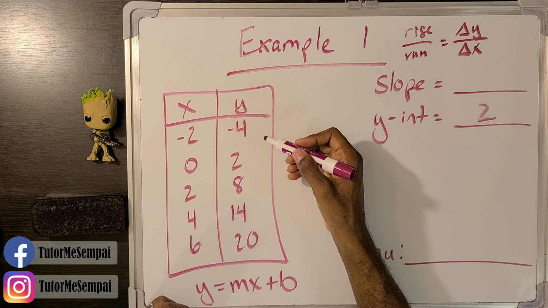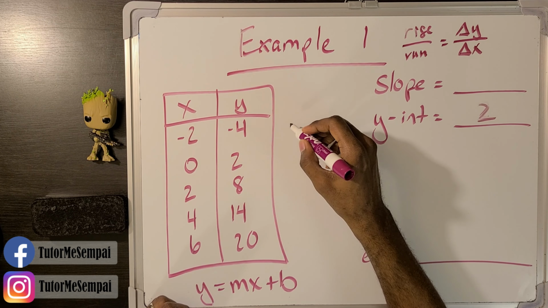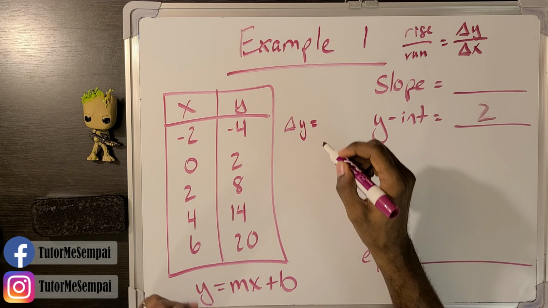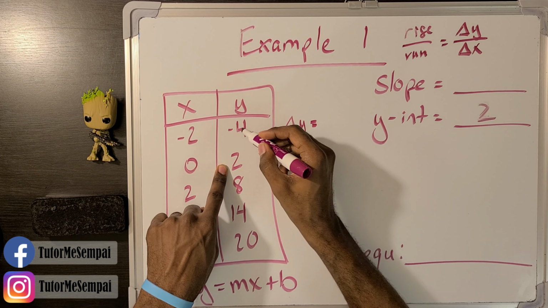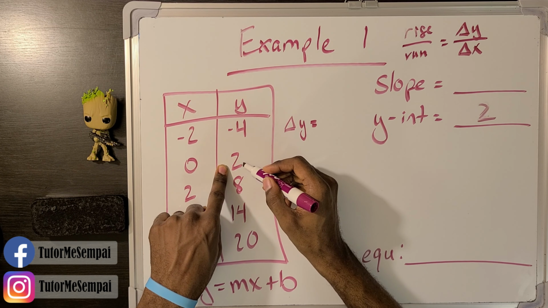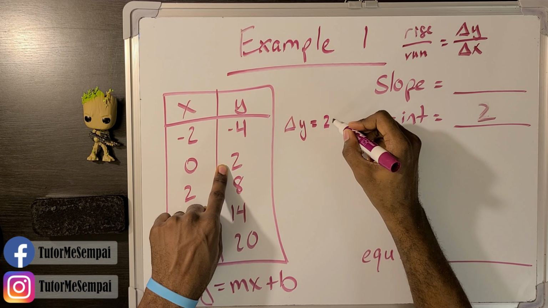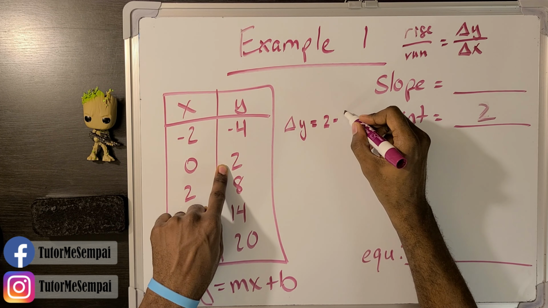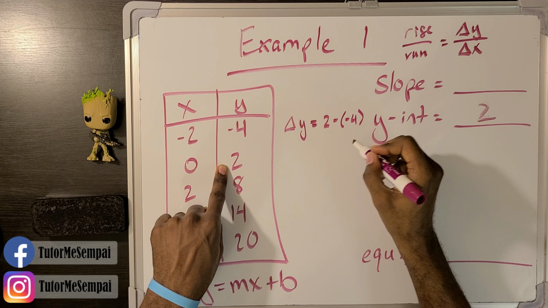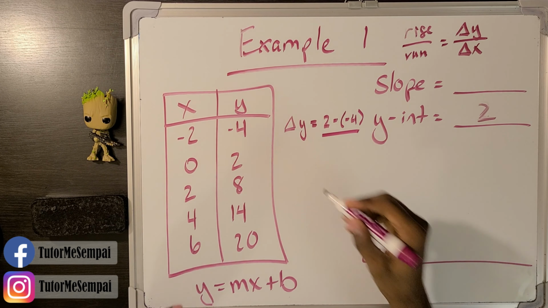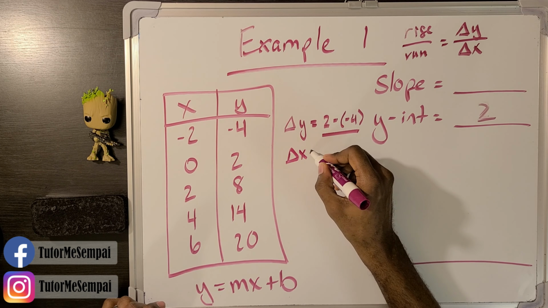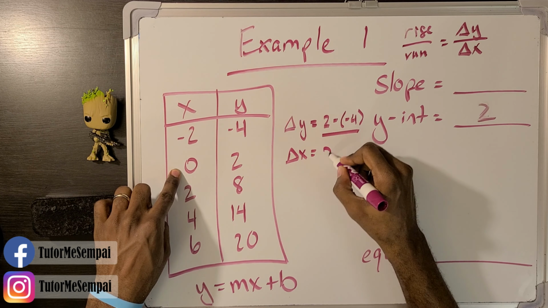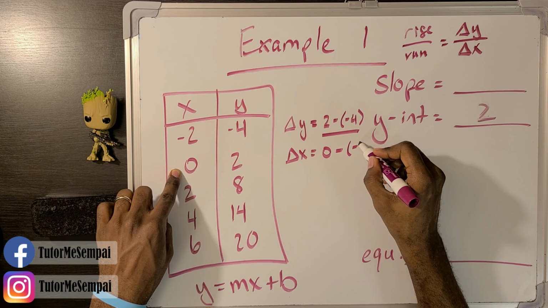So your change in y is going to be 2, because we're going to start from our smaller one, so 2 minus a negative 4. And your change in x is going to be 0 minus a negative 2.